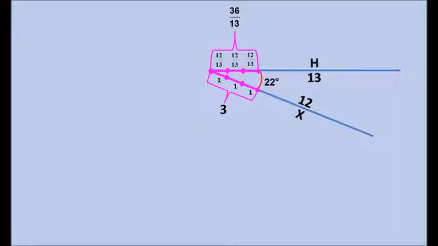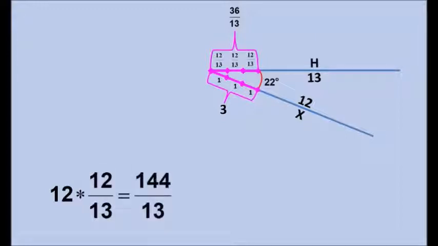Okay, every inch that is moved along the x length means 12/13ths of an inch that is moved in the h direction. So, 12 inches in the x length means that we move 12 inches times 12/13ths, or 144/13ths of an inch in the h direction. So, this gives us the contribution of the x vector to the total length of h, the hypotenuse.